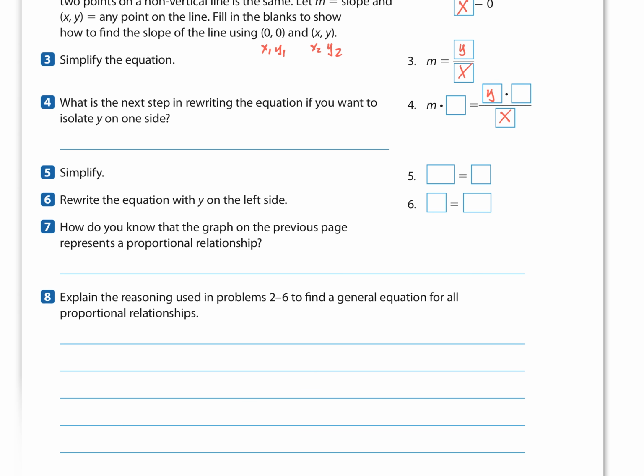Okay, so we are trying to isolate y. What does it mean to isolate y? Canas. You want to leave y by itself. I need to leave y by itself. If I am dividing by x, what do I need to do to leave y by itself? Juliana.